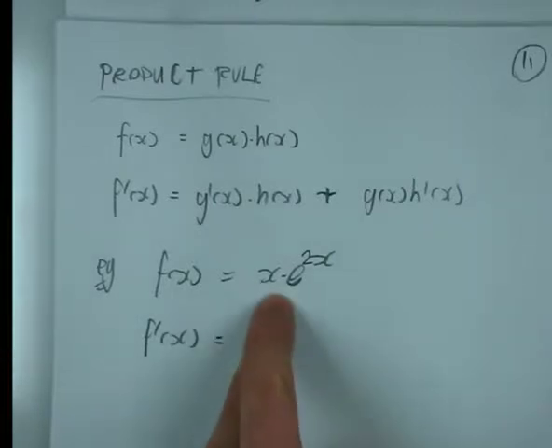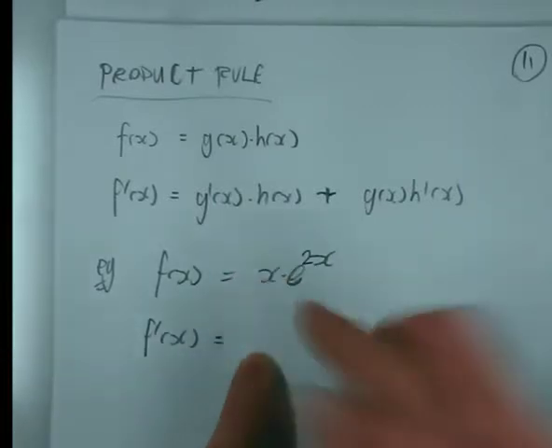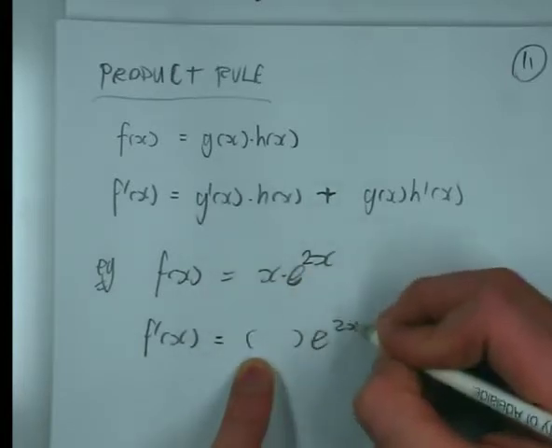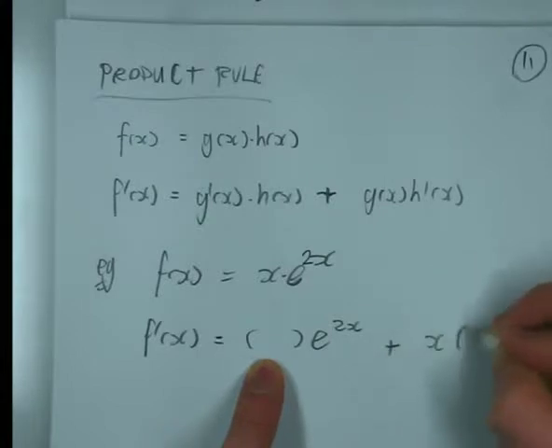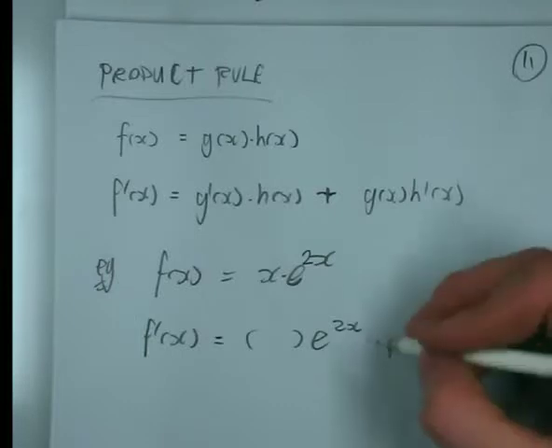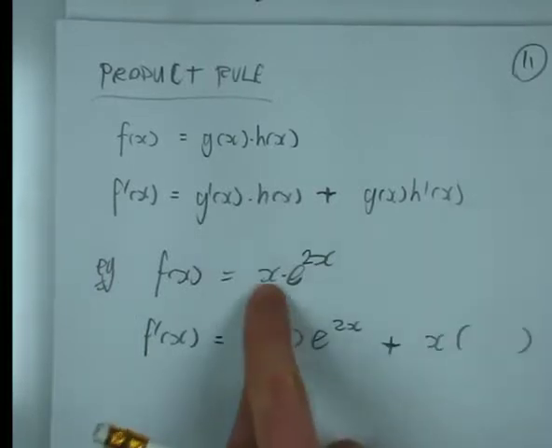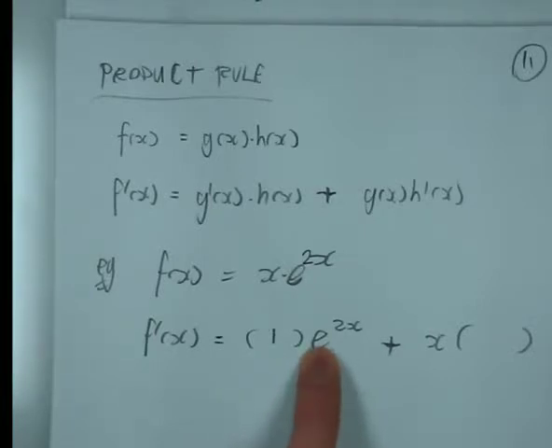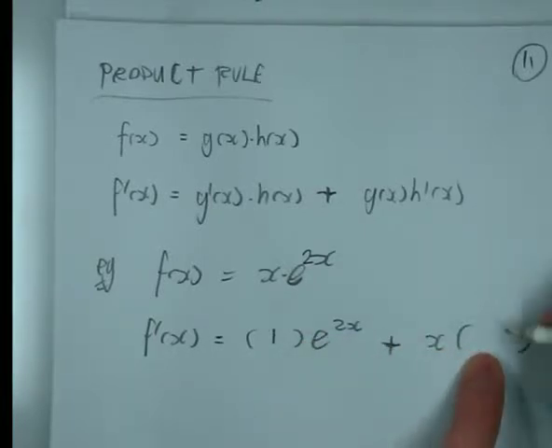So we go x, we differentiate one of them and keep the other, and then we keep the x and differentiate the other. So sometimes it's nice to put a plan in like that. So we differentiate the x, which would give me a 1, and we keep the e to the 2x, and then we keep the x and we differentiate the e to the 2x.